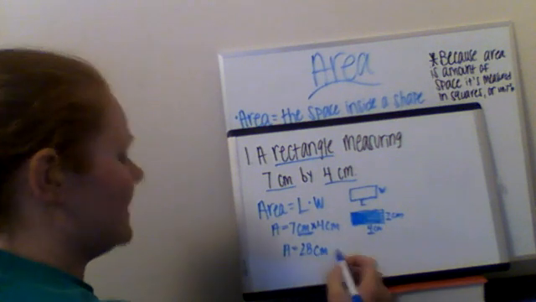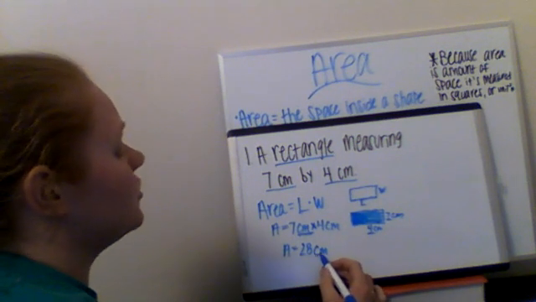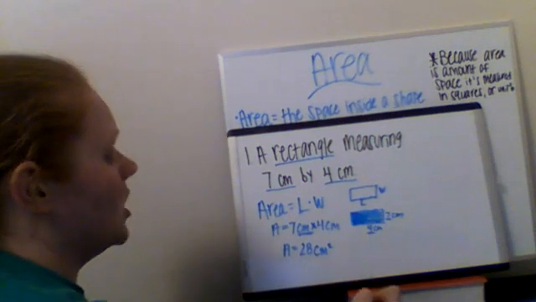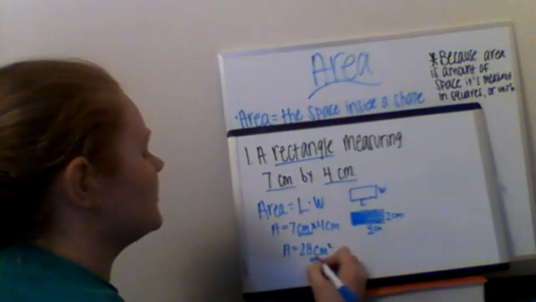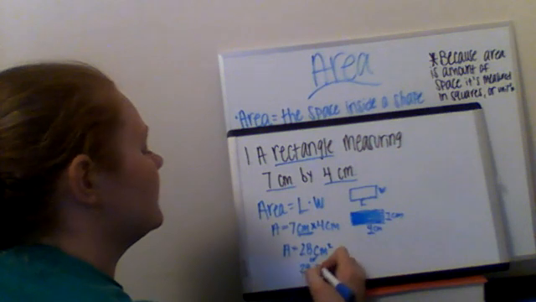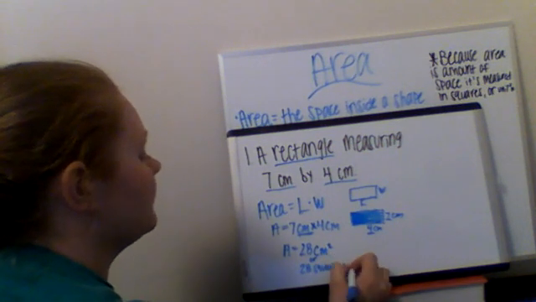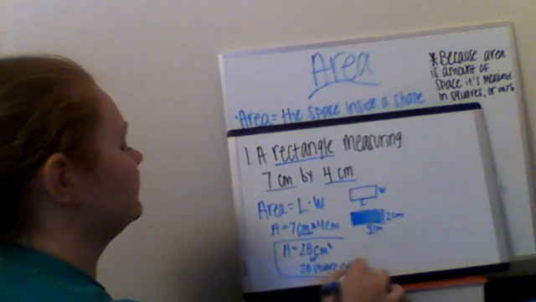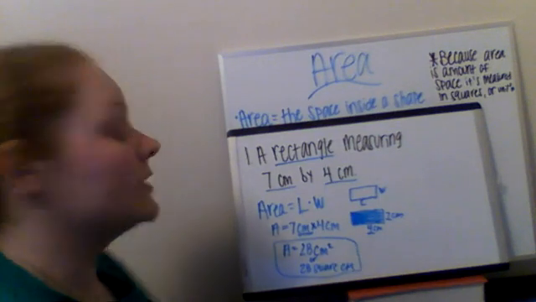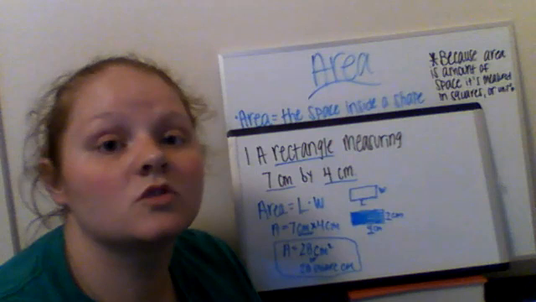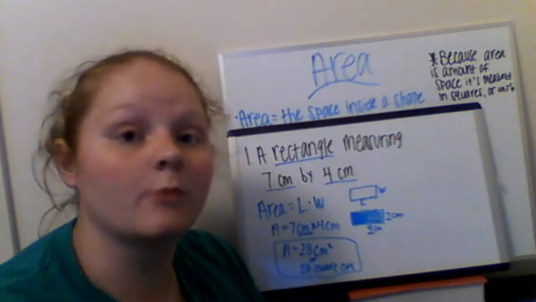So instead of it being just centimeters, it's going to be centimeters squared, or I could write it as 28 square centimeters. Either way is fine, okay? Just with area, you need to make sure your unit is being squared. That's an important part of area.